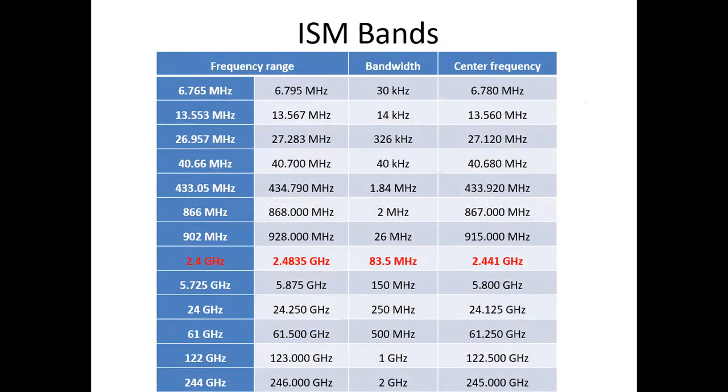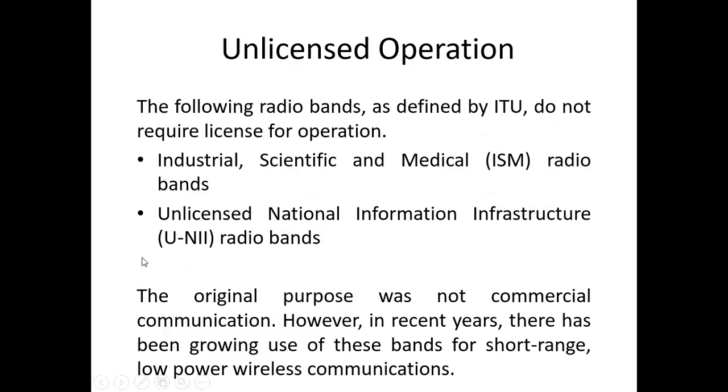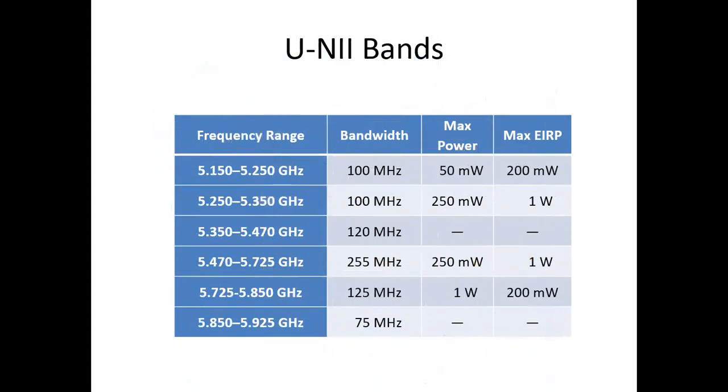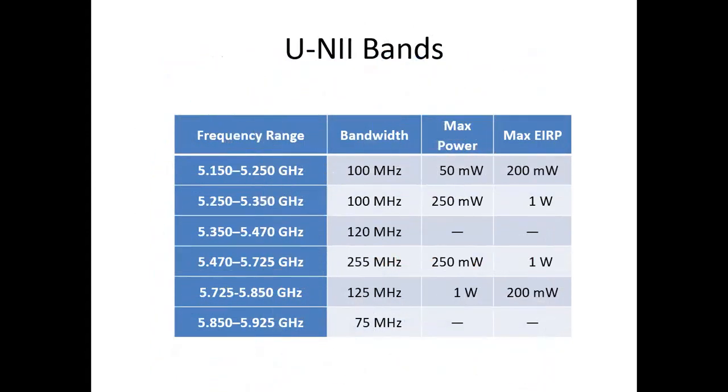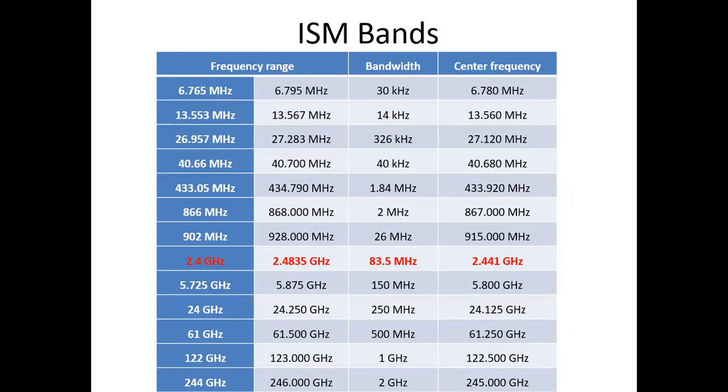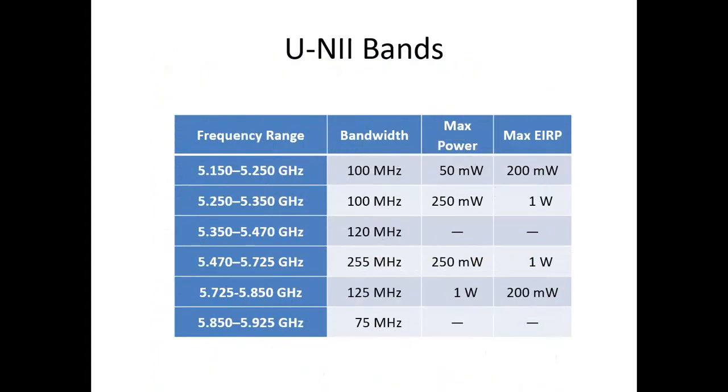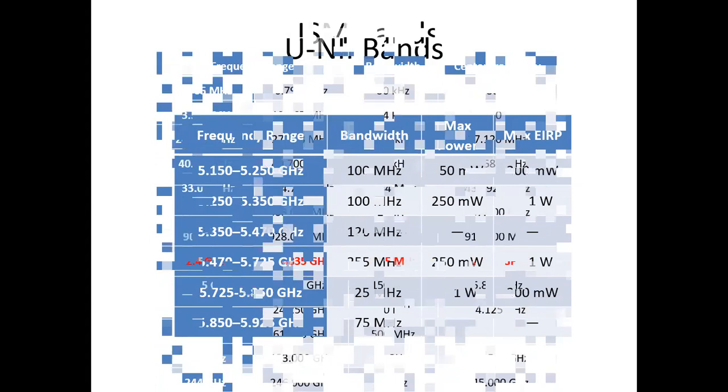So these ranges are available, and later another purpose was added: unlicensed national information infrastructure. So some other frequency ranges were also added. Some of them are overlapping, maybe. I'm not sure. 5.8 through 725.